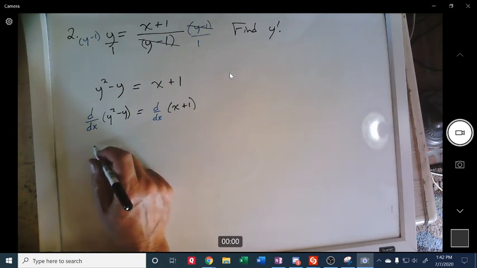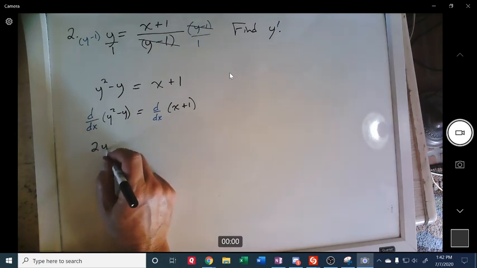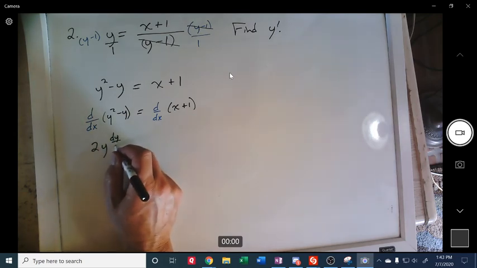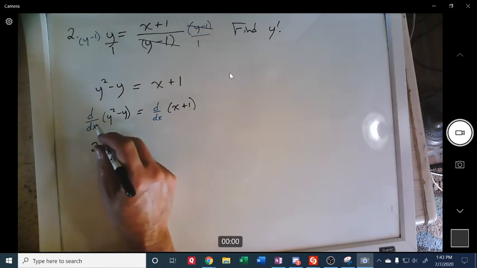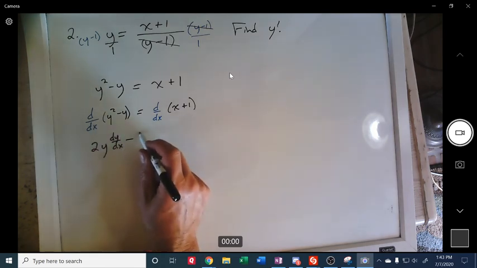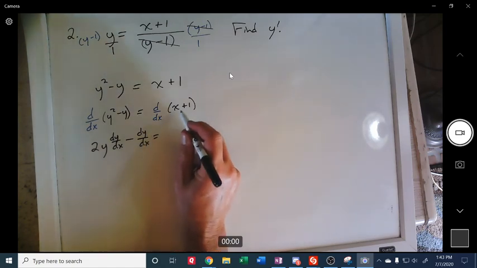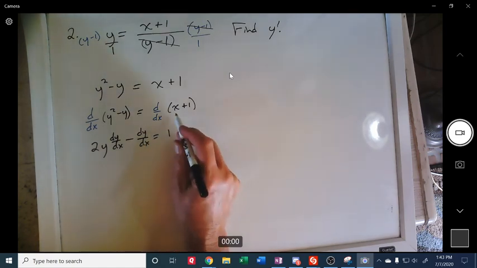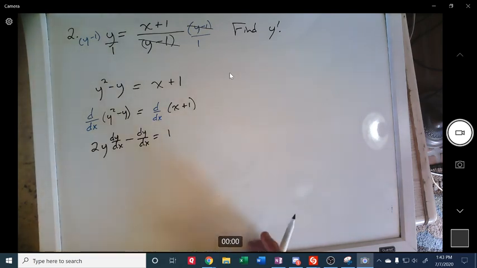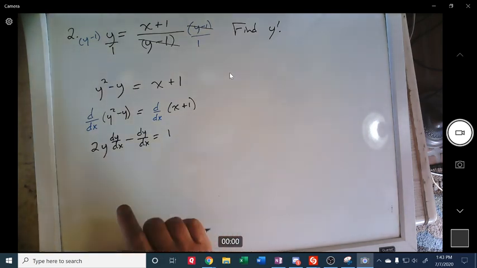And this is going to be 2y dy dx minus, you take the derivative with respect to x of this one, minus dy dx. d dx of x is 1, d dx of 1 is 0. Oh, well, we're going to have time to finish this. It goes pretty quick.